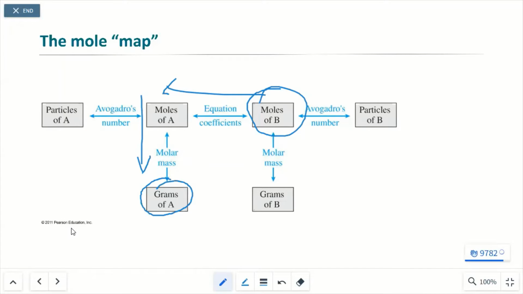Using the balanced equation, I can turn moles of one substance into moles of the other. And using the moles and the molar mass, I can turn moles of that second substance into a mass, just like we did in chapter 2. So the calculations here are identical to chapter 2 calculations. The only difference is the use of that balanced equation.